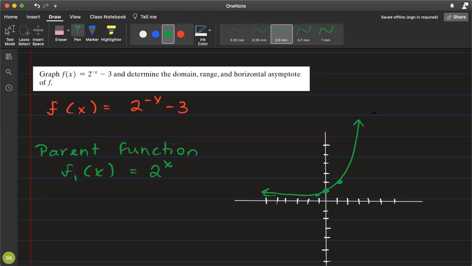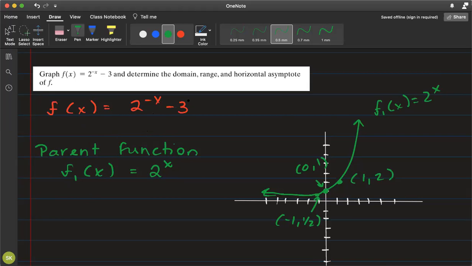So this is 2 to the x. And then I'm going to put right here these numbers. This is (1, 2). This one is (0, 1). And this point right here is (-1, 1/2). To graph this function, we ask ourselves, what do we need to do to this function to get this one?